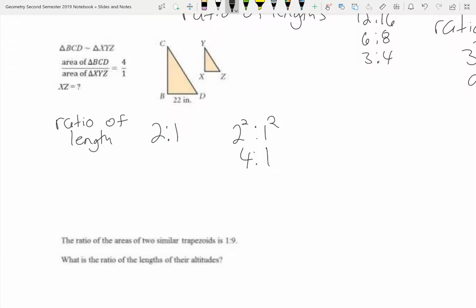So the ratio of the lengths would be 2 to 1. That means XZ will equal 11, because 22 to 11 is a ratio of 2 to 1. And we have inches as units.